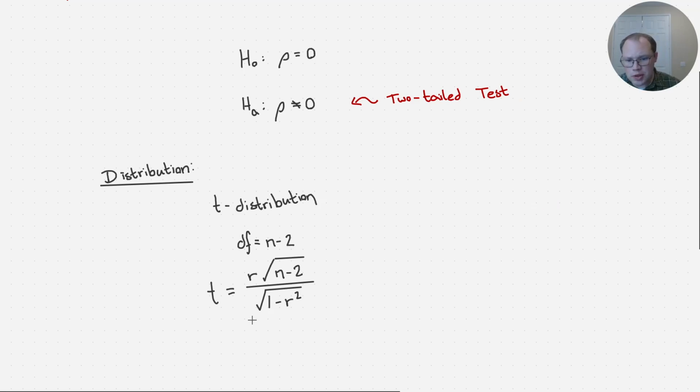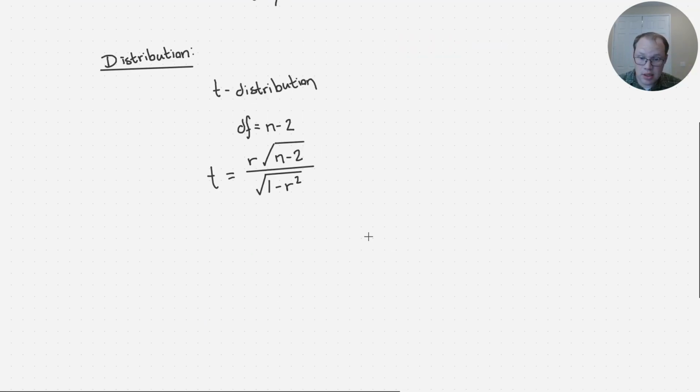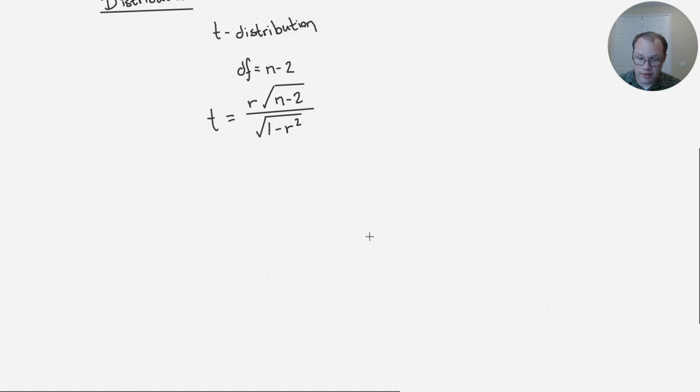And as usual, once we calculate our t-score, we use that to find our p-value using a two-tailed test. We're going to compare our p-value to our level of significance alpha. If the p-value is smaller than alpha, then that means that the evidence we have is strong enough to reject the null hypothesis and accept the alternative. In this case, that means we reject the idea that there is no linear correlation in the population.